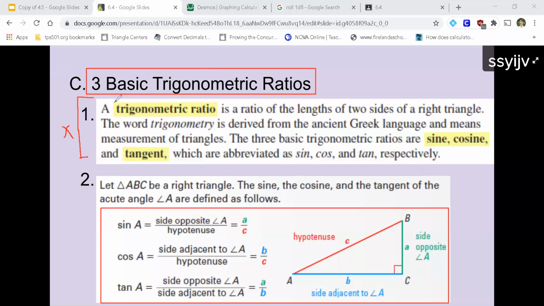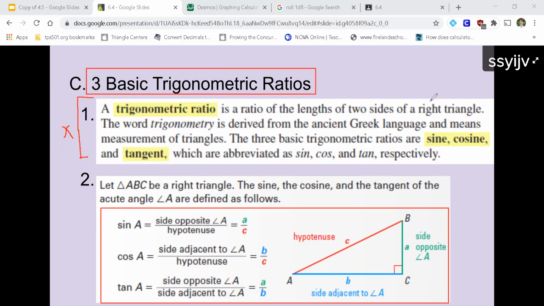Okay, so a trigonometric ratio tells you a formula that will relate 2 sides of your right triangle based on the angle. There are 3 ratios then, because there are 3 possible combinations of sides.